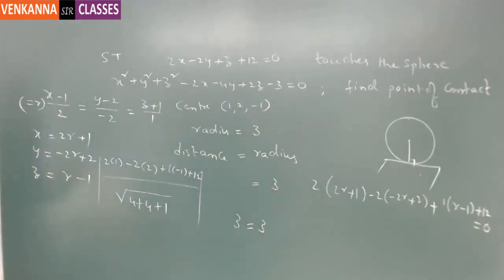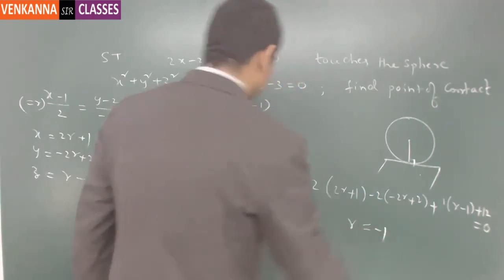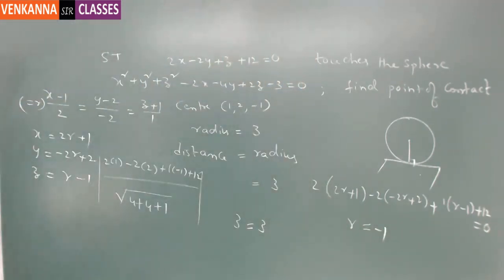Simplifying that, you will get r = -1. And the point of contact is (-1, 4, -2). Please check.